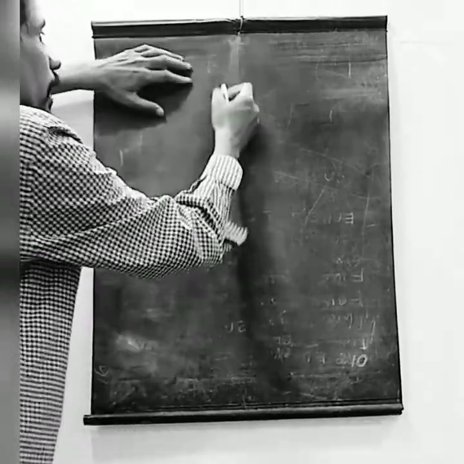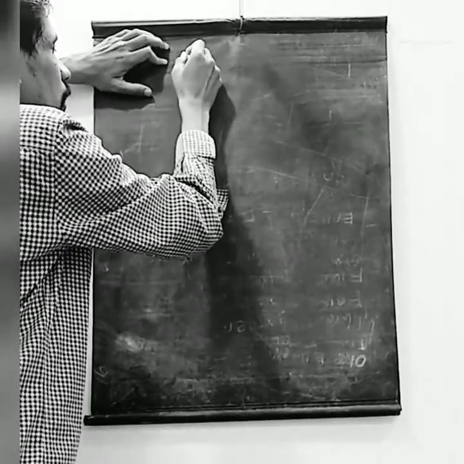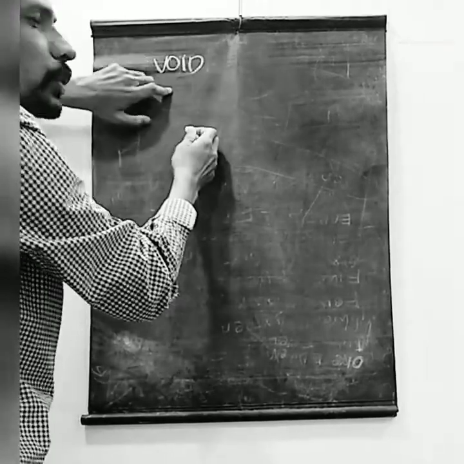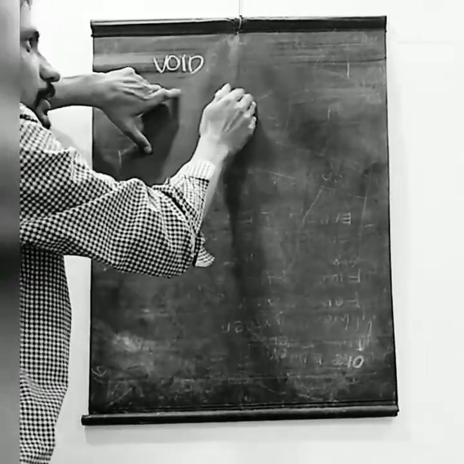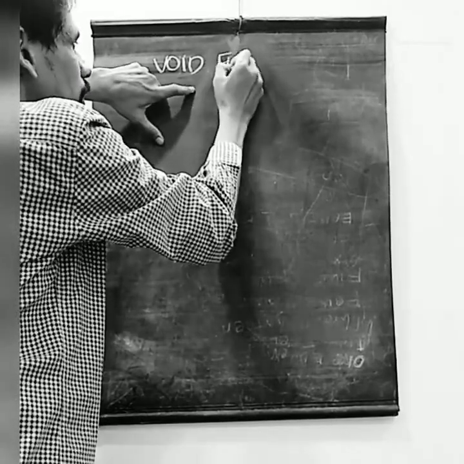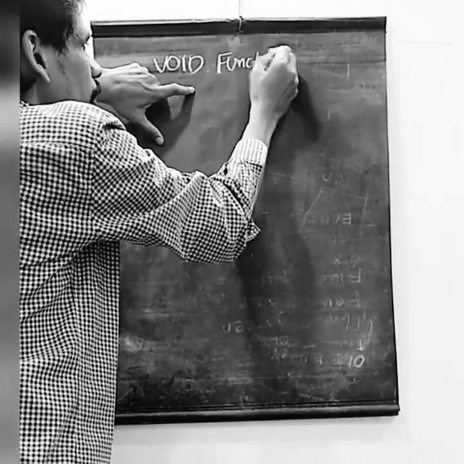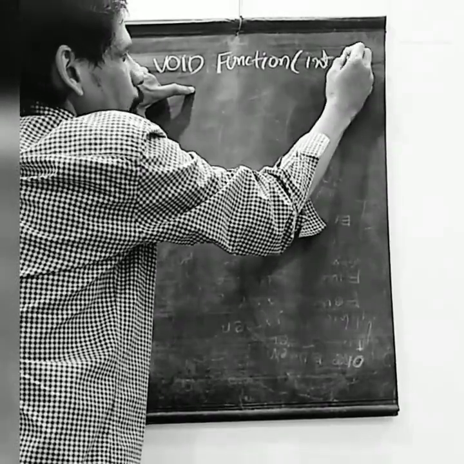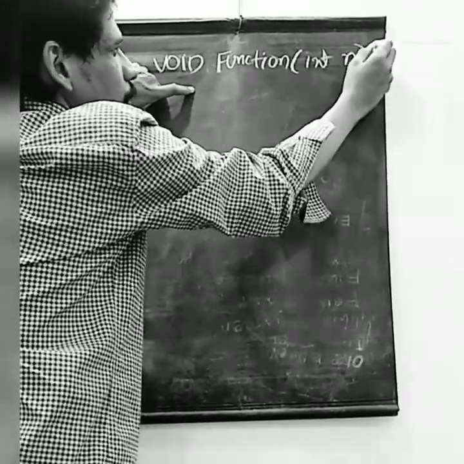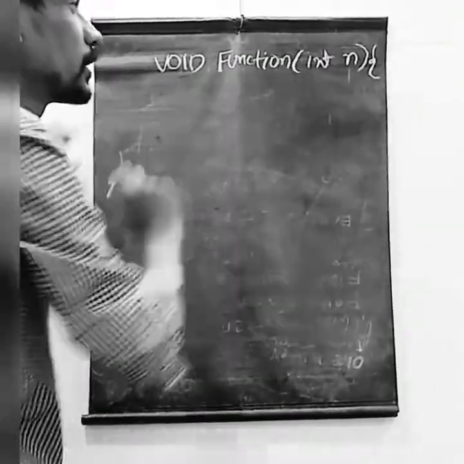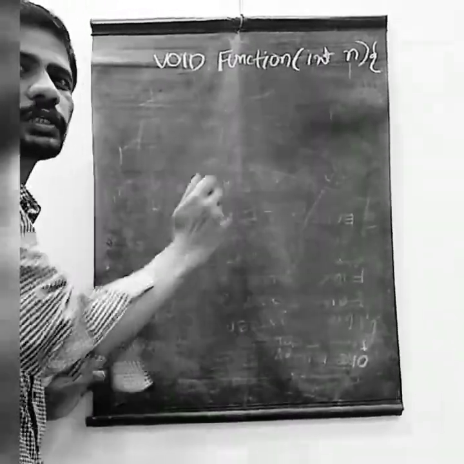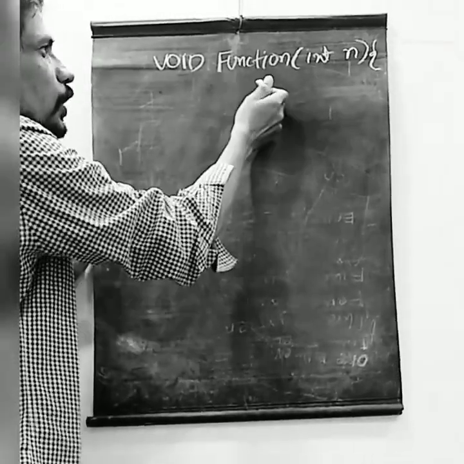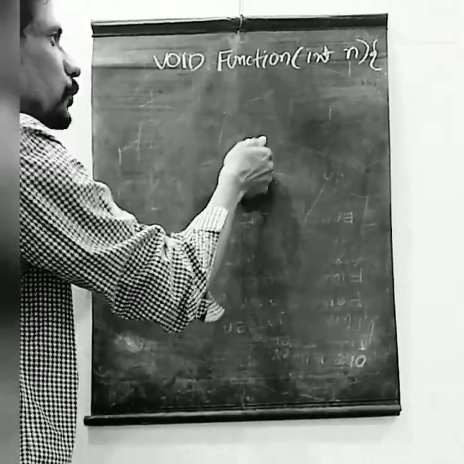For example, I have one function, void, meaning there is no return type. It is expecting one integer parameter. So what exactly is it doing?